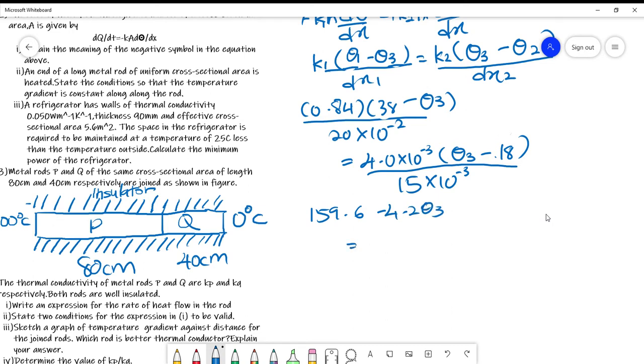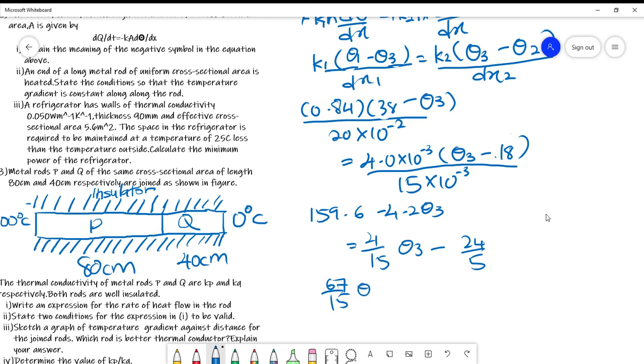So this 4 times 10 to the power negative 3 divided by 15 times 10 to the power negative 3. So basically this is 4 over 15 theta 3. So this one should be multiplied by 18. So this is 24 over 5. So basically the theta 3, 4.2 plus 4 over 15. So this is 67 over 15.